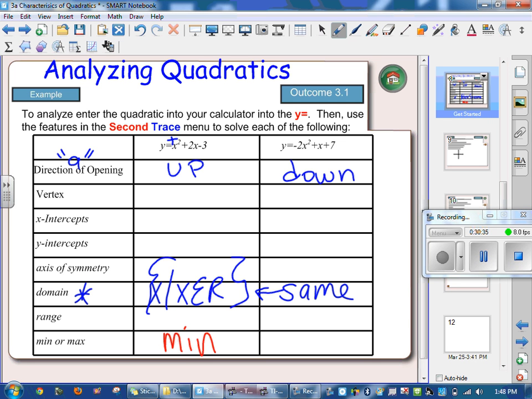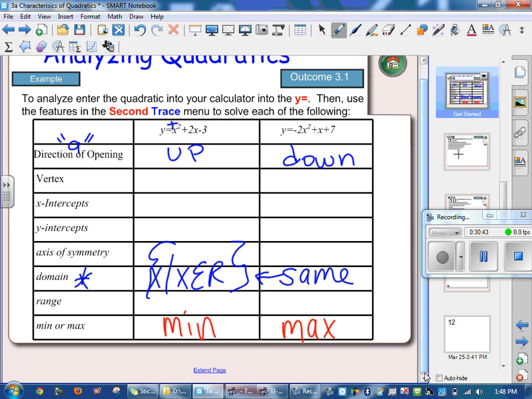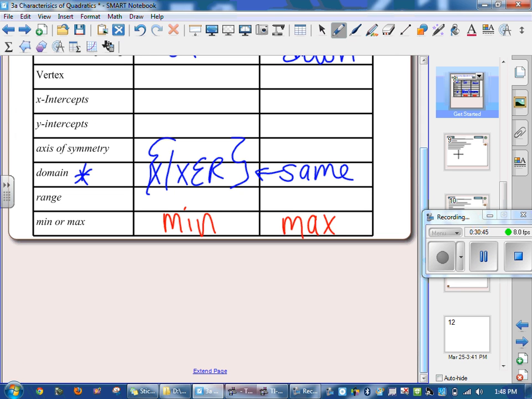We can set our range up like this. If it's minimum, we've always got y such that, with that funky line, which is always a bigger, longer line. Now, if it's a minimum, the y has to be going which way, up or down? It's got to be everything above, so we say greater than or equal to, and then we wait for that number because we don't know it yet. Then comma, y ∈ R.